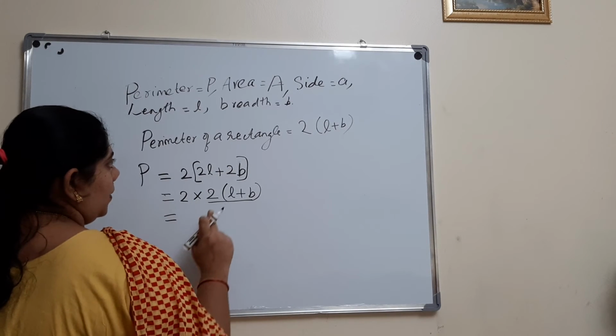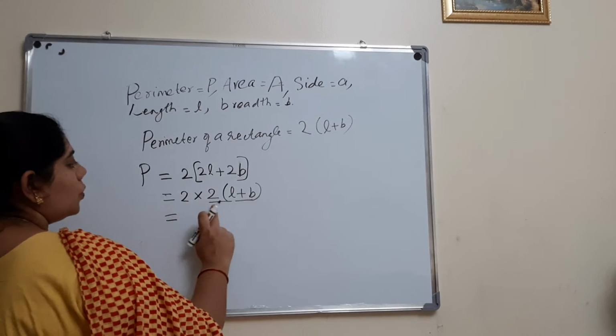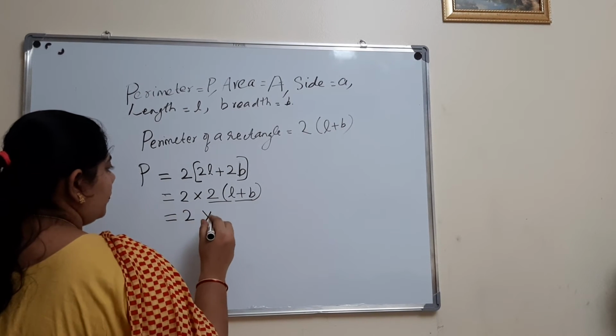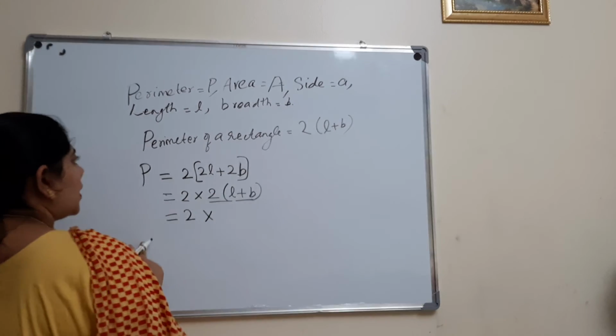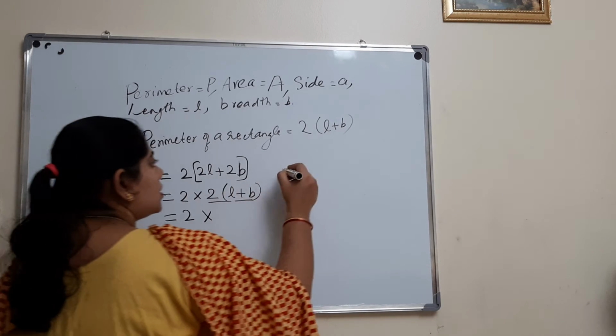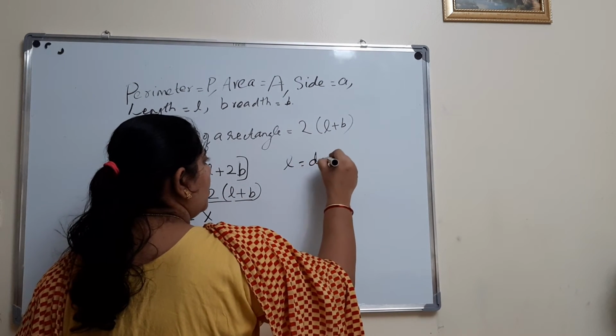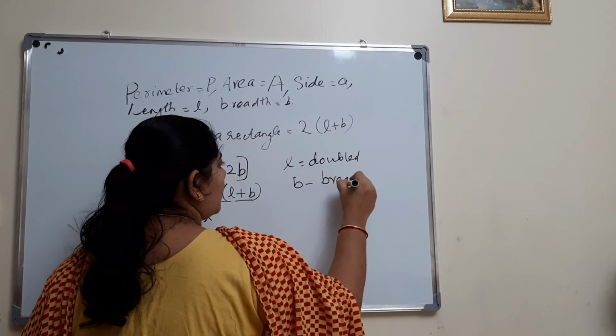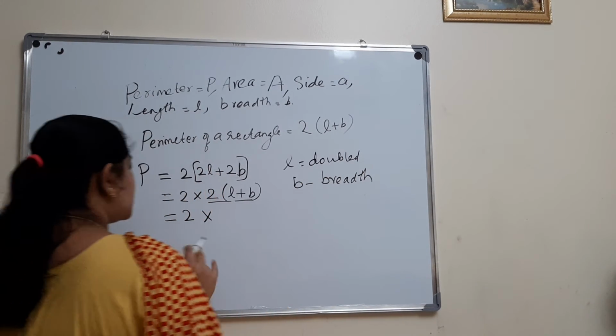So here now see, 2 into (L plus B) is the perimeter of the rectangle. What will happen to the perimeter of a rectangle when the length is doubled? Length is now doubled, breadth also we are doubling. So what happens to the rectangular perimeter?